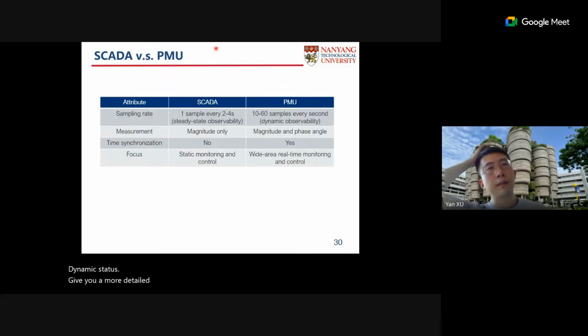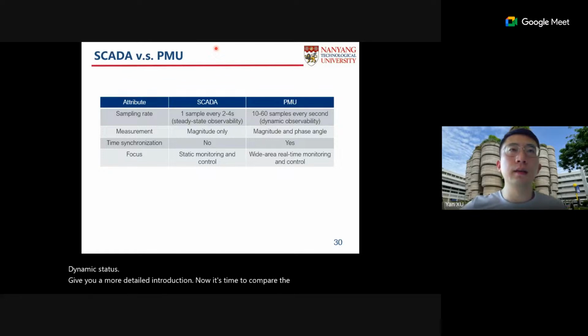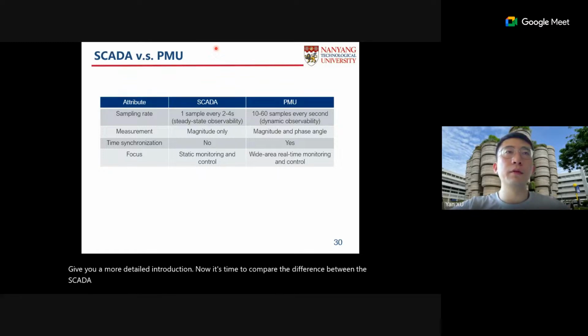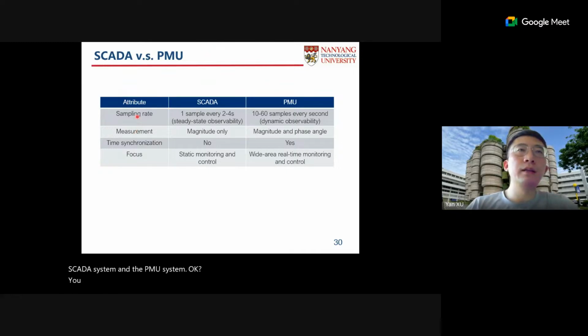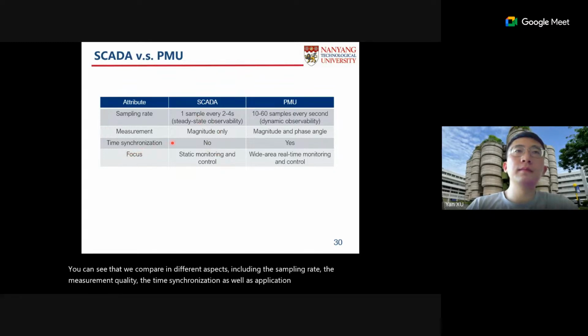Now, it's time to compare the difference between the SCADA system and the PMU system. We compare in different aspects, including the sampling rate, the measurement quantity, the time synchronization, as well as application. For the SCADA system, the sampling rate compared with PMU is much lower. Every 2 to 4 seconds, it will take one sample, so it can only support steady state observability.